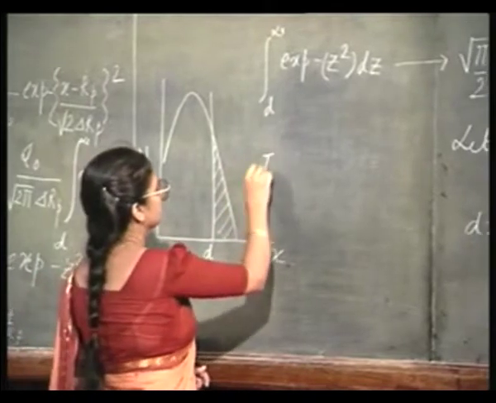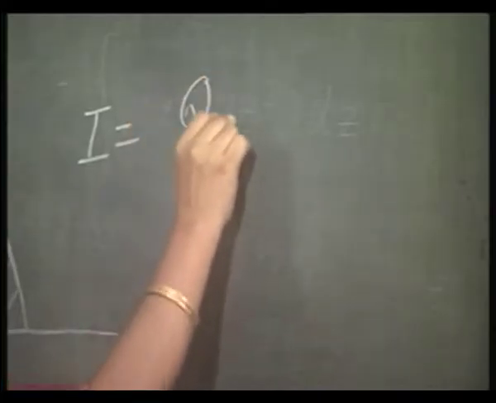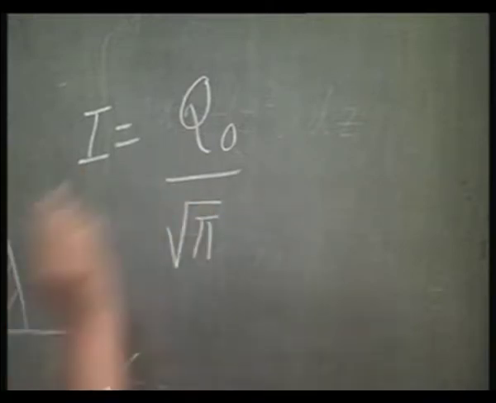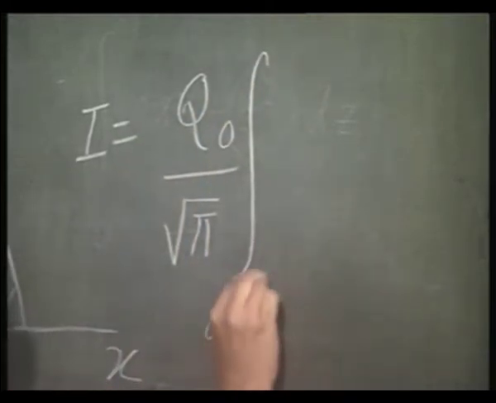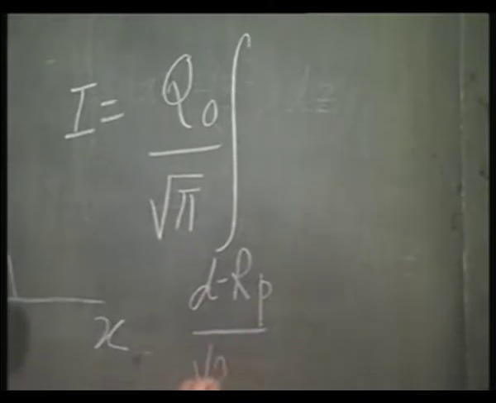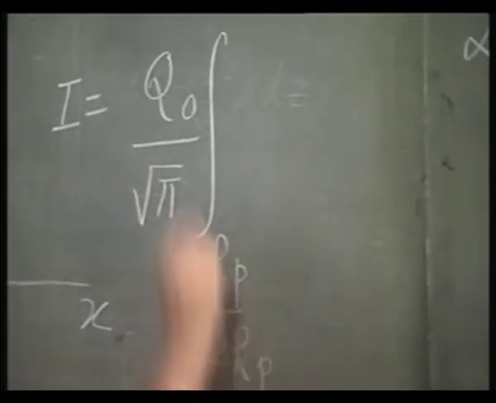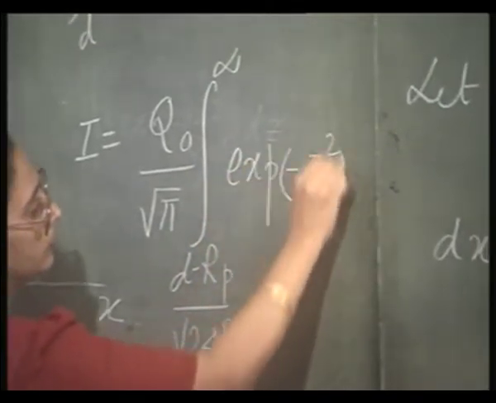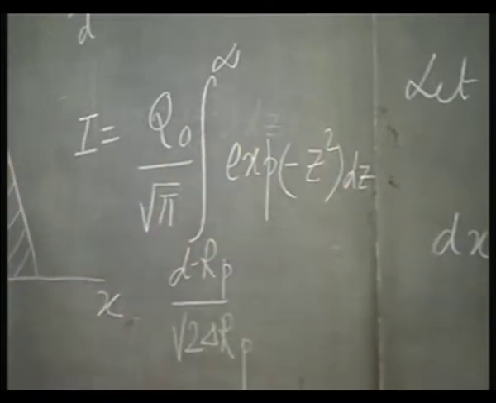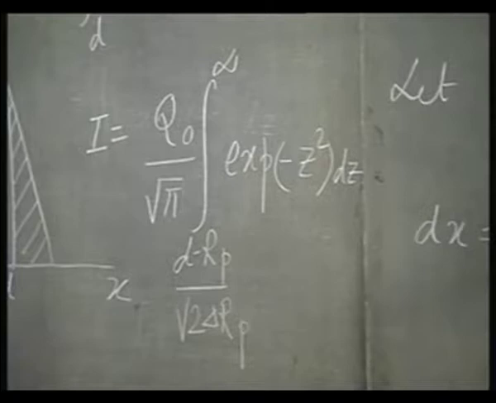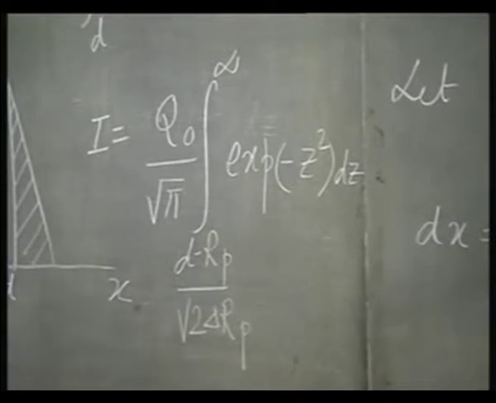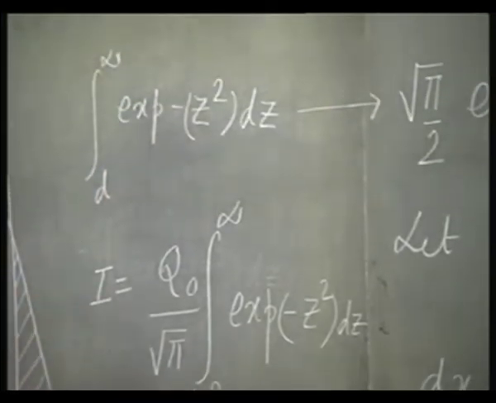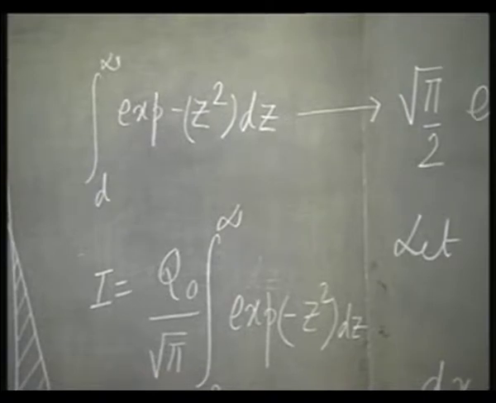I is q0 by root pi integral, this is my I. Now you know integral d to infinity exponential minus z square dz is going to be root pi by 2 error function complement of d.